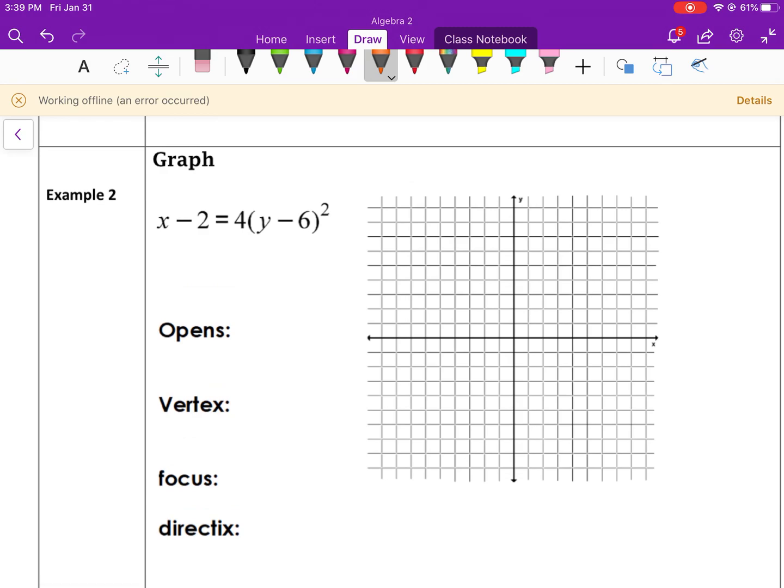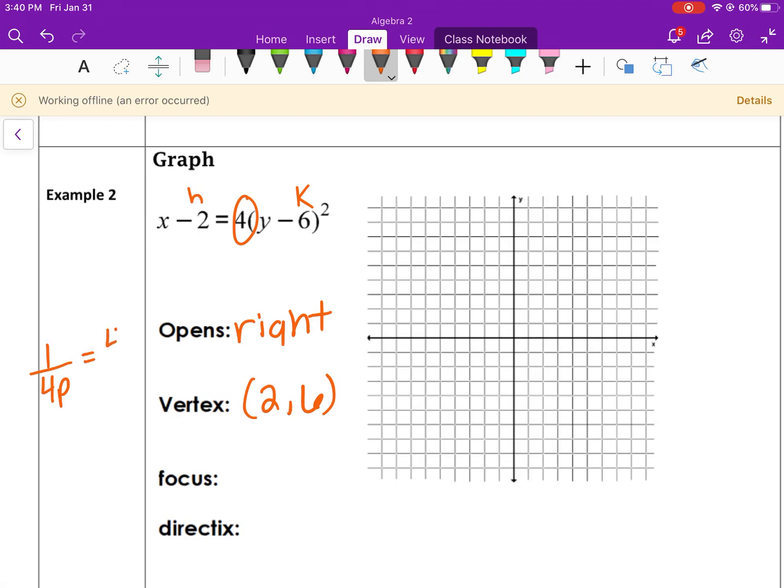Okay, so this one is x equals, and it's positive. So this one will open to the right. It has a vertex of 2, 6. So h is with the x and k is with the y. To find my p value, I'm going to do 1 over 4p, and in this case, the a value essentially is 4.